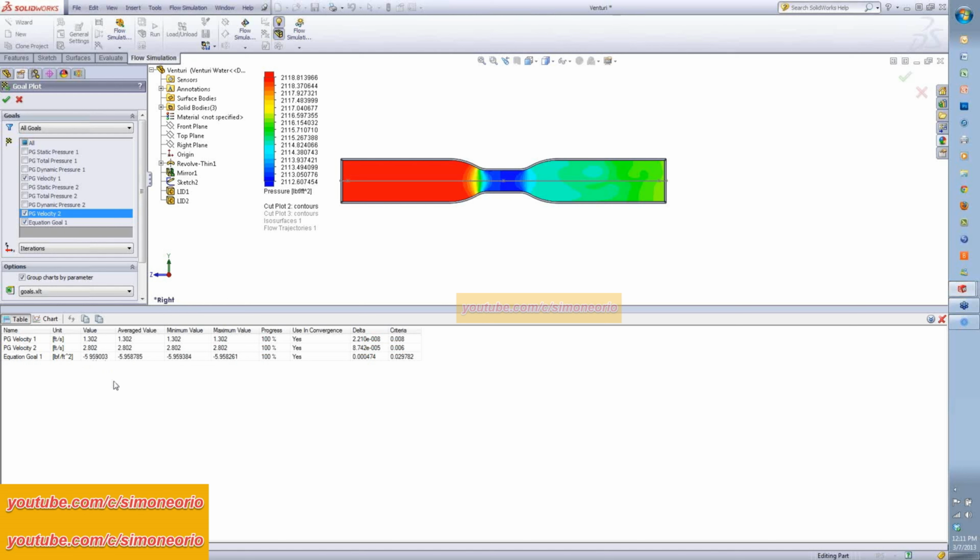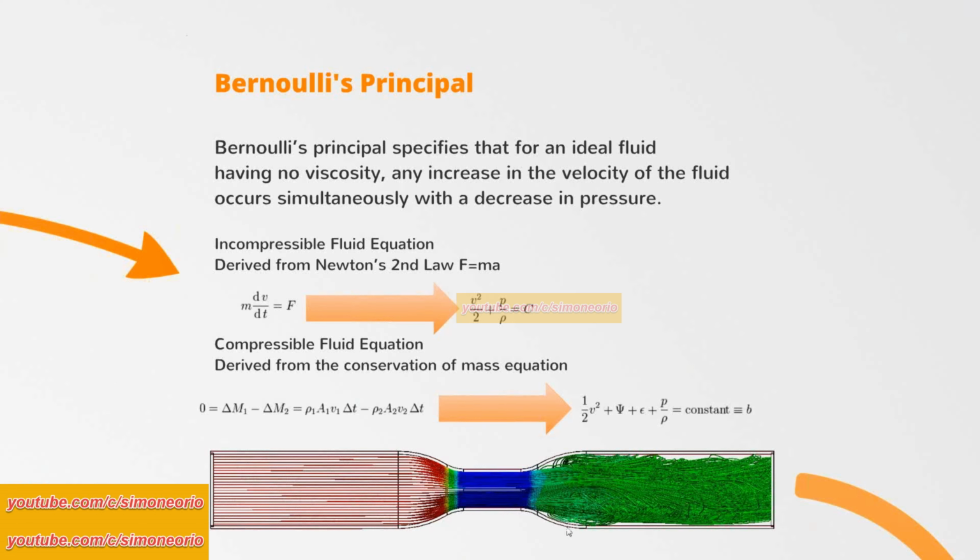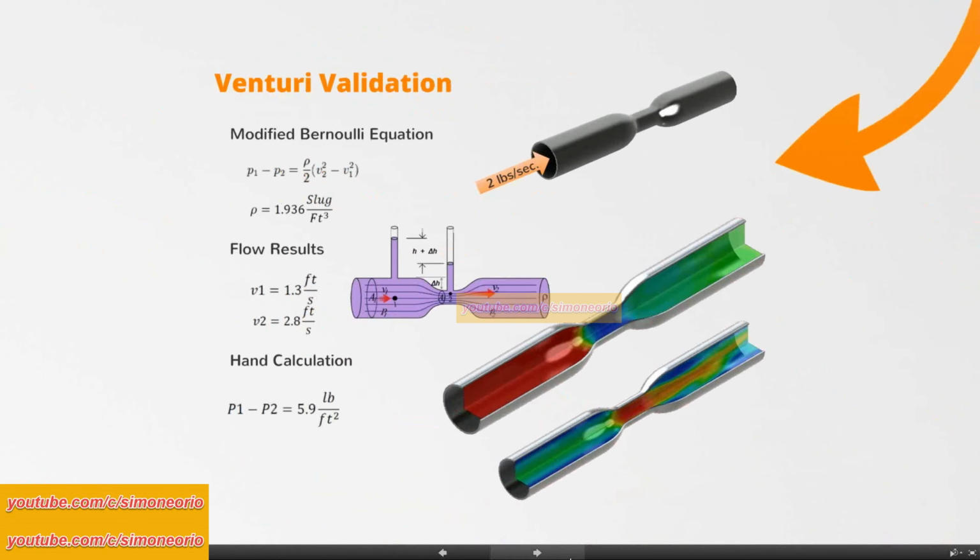If we go back into my presentation and we look at our next slide, what I used was a modified Bernoulli equation. This is right out of my fluid mechanics book from college. 2 pounds per second inlet into the Venturi. I have my density, which is 1.936 slugs per feet cubed. And my velocities, the 1.3 and the 2.8, came out of Flow.